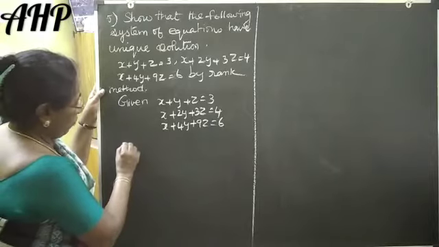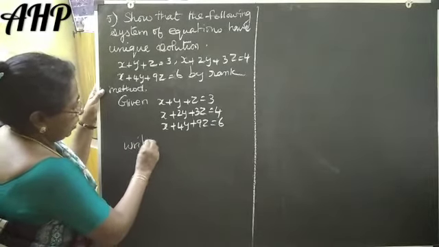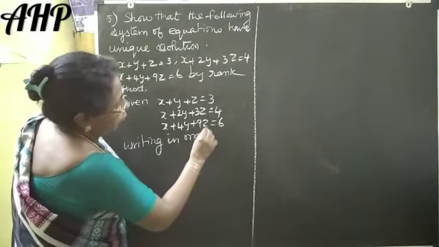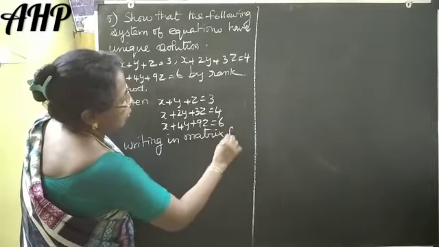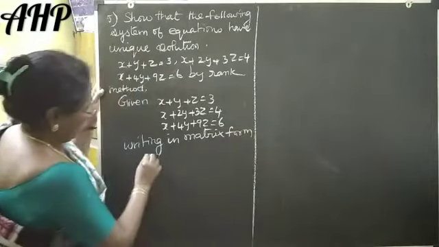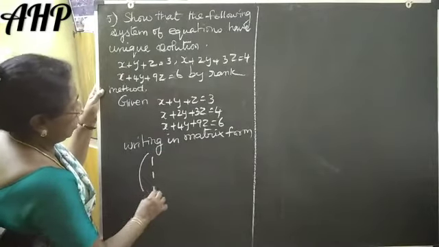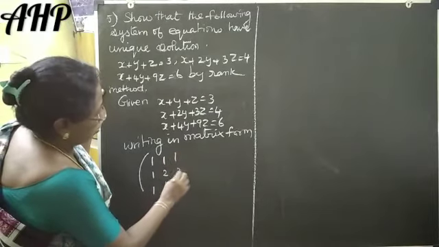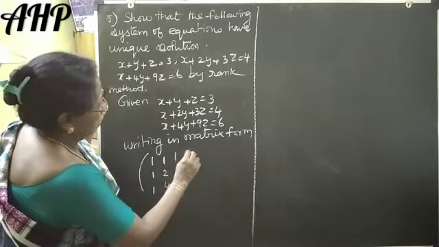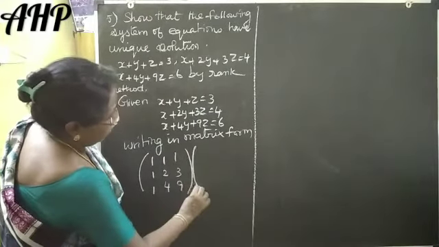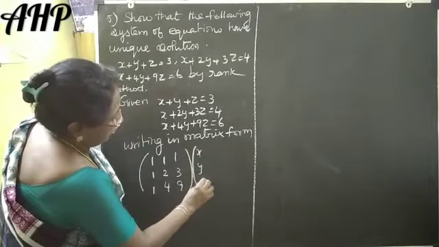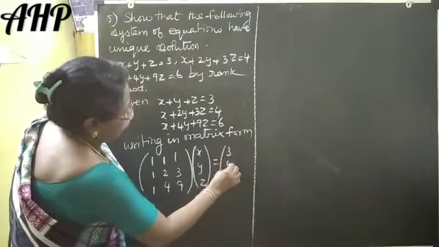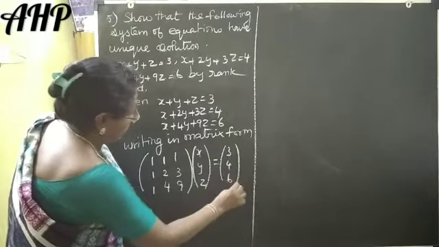Writing in matrix form, we get 1, 1, 1, 1, 2, 4, 1, 3, 9 into x, y, z is equal to 3, 4, 6.